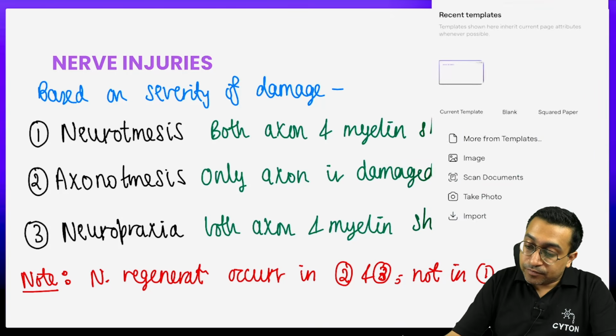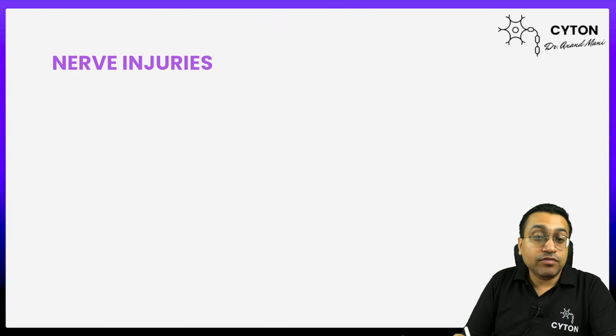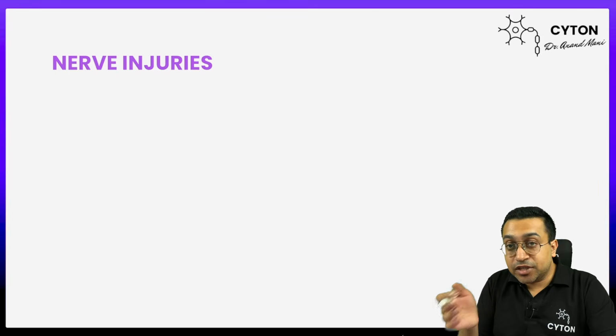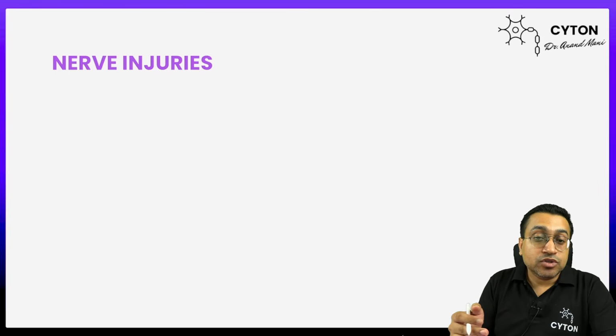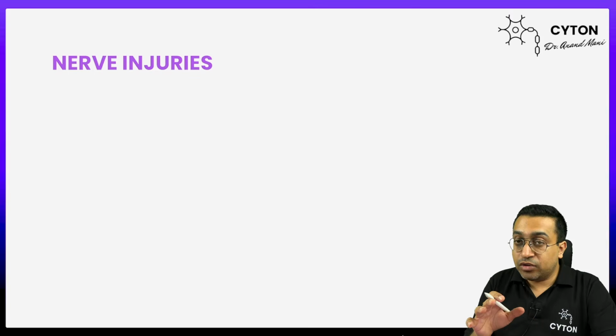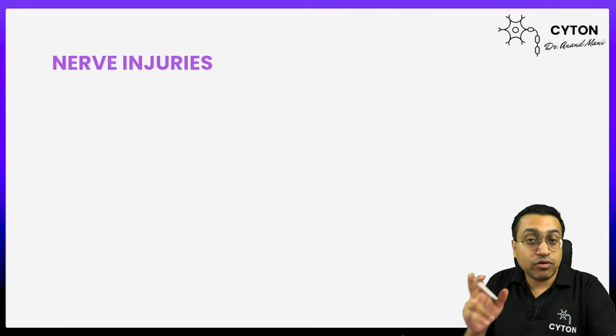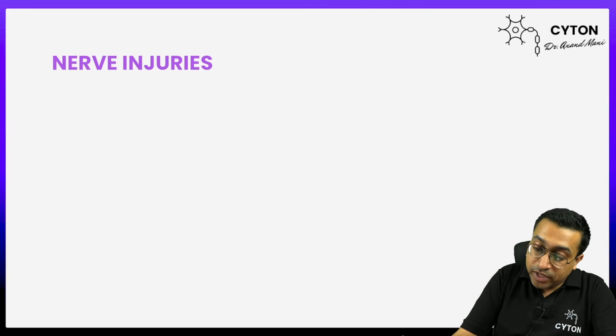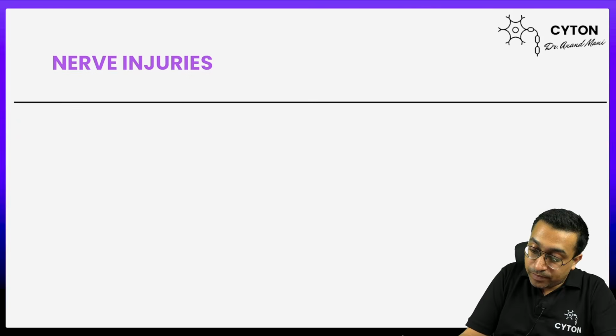Okay, then we come on to the short note which can be asked to you regarding nerve regeneration and degeneration. There is injury to the axon with the myelin sheath, which can involve 2 events. Let me tabulate the major things in these 2 events.